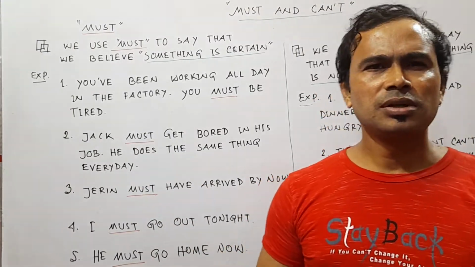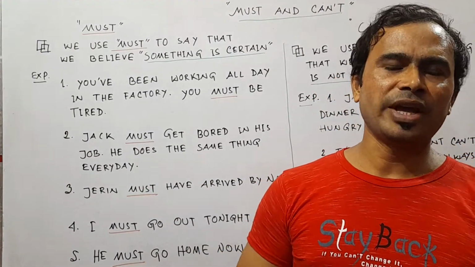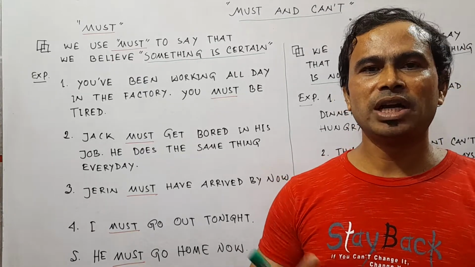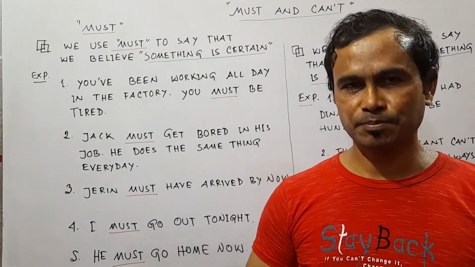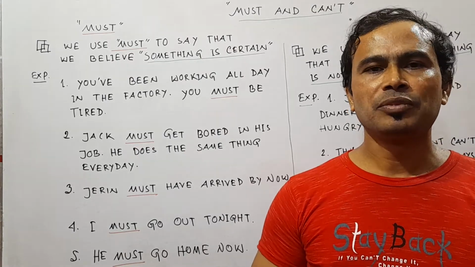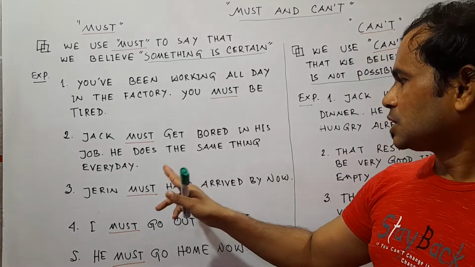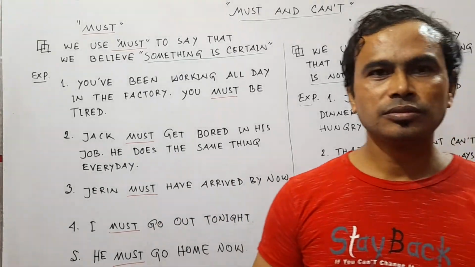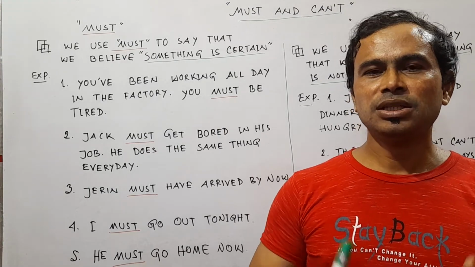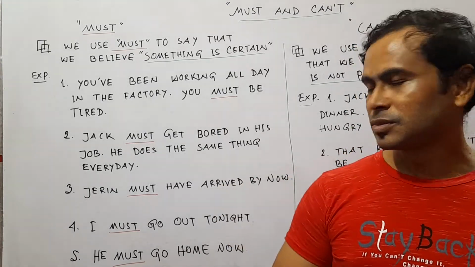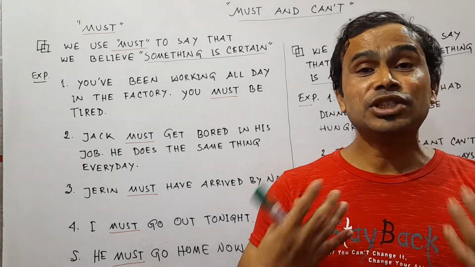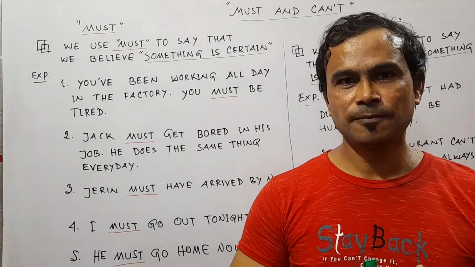Suppose your friend is traveling by train and her train is scheduled to arrive at the station at 1 p.m. When it's 20 minutes past 1 and you say she must have arrived by now, you mean that it's reasonable to conclude that your friend is at the station because the scheduled arrival time has passed.